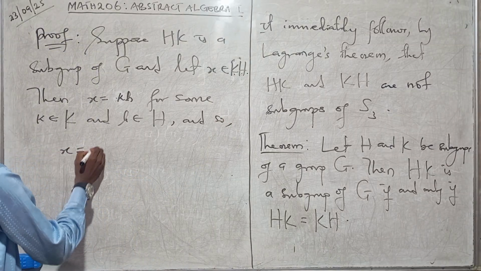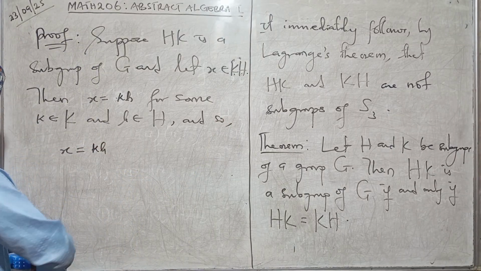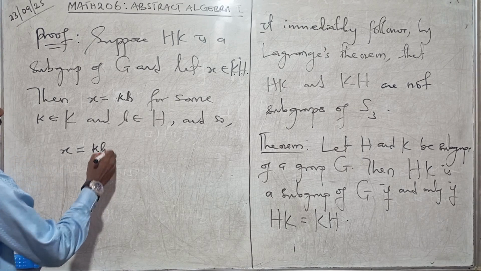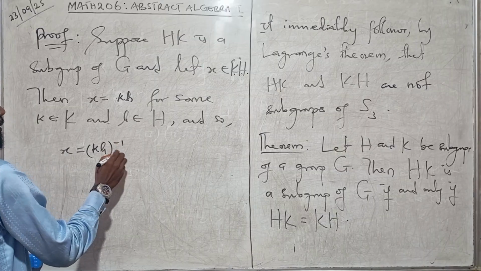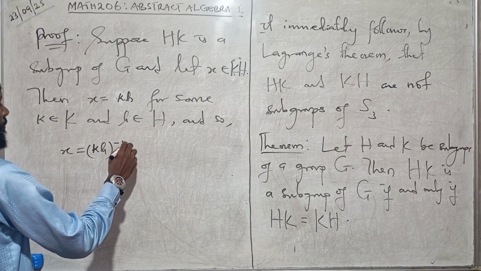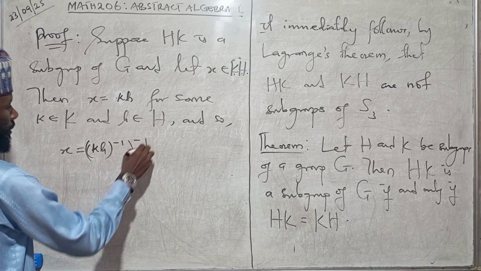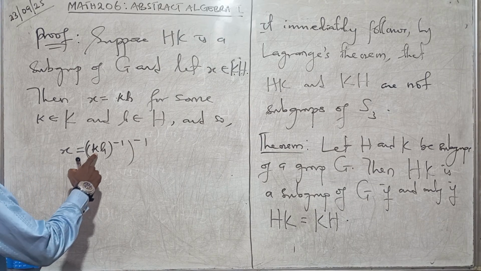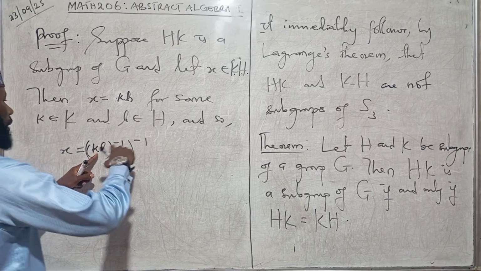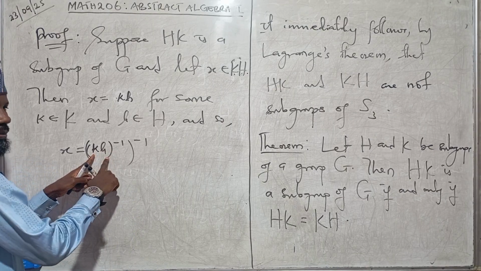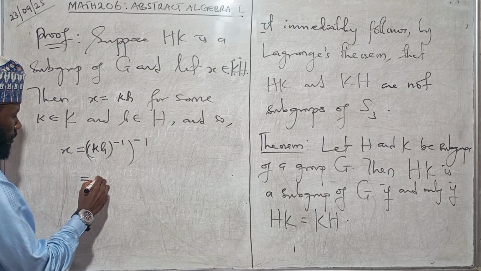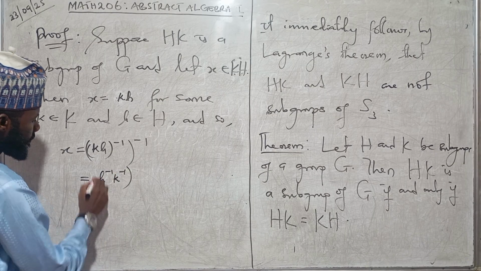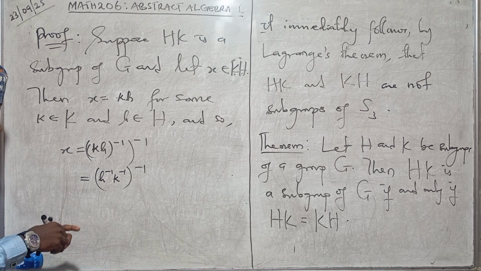And so this X, we can write it as KH, the inverse of the inverse. So this is KH inverse, inverse, and still inverse. Is that okay? I can apply the inversion law: the inverse of a product is the product of inverses in reverse order. So it's H inverse, K inverse, inverse of that. Is this okay?